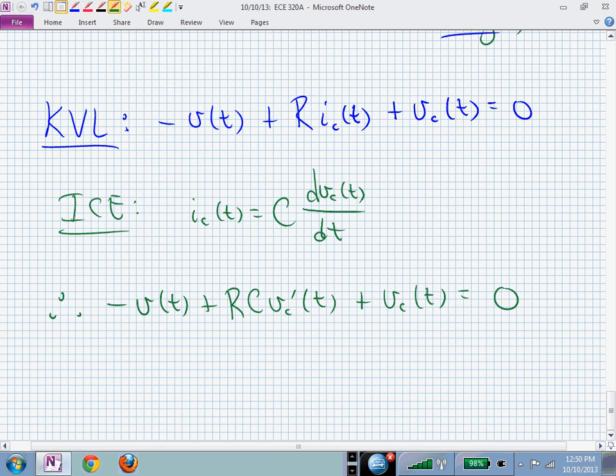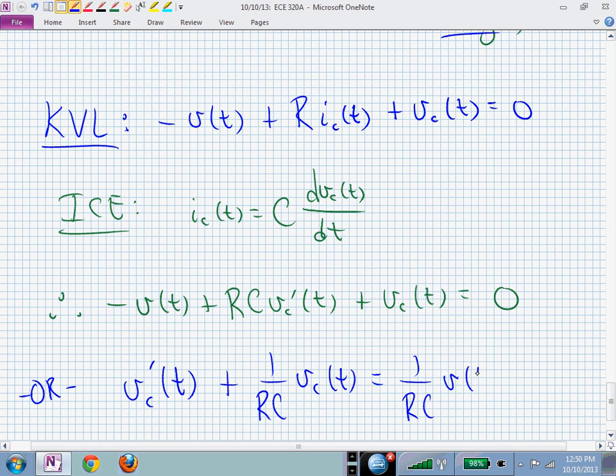Now we could rewrite that if we wanted our coefficient that scales V sub C prime to be unity, we can divide all terms by RC. So we can now rewrite this, and suppose I put the V of t on the right-hand side, I can now say V sub C prime plus 1 over RC V sub C of t is equal to 1 over RC V of t.